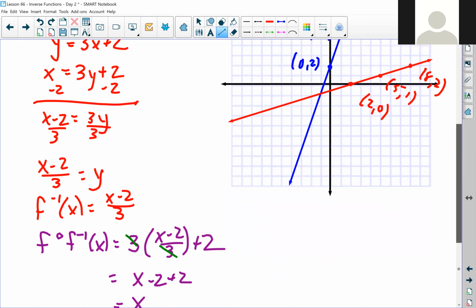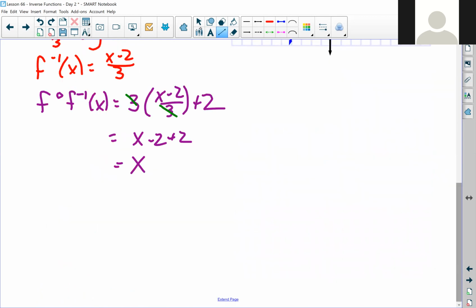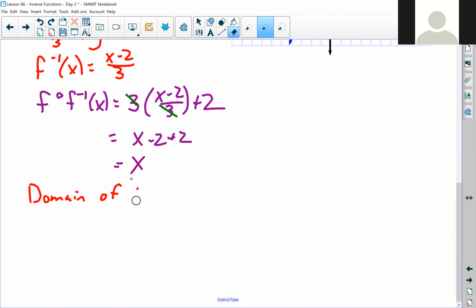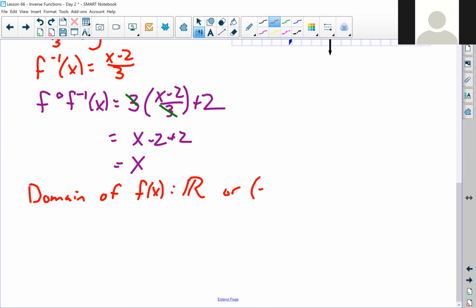So the domain and the range actually are pretty easy. Domain of F is all real numbers, or you can write it as -infinity to infinity.